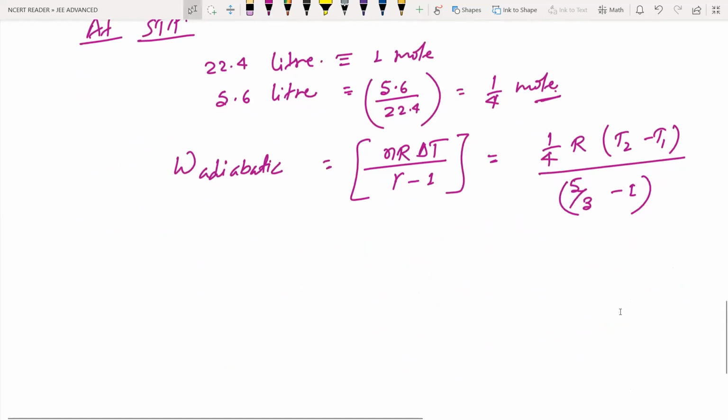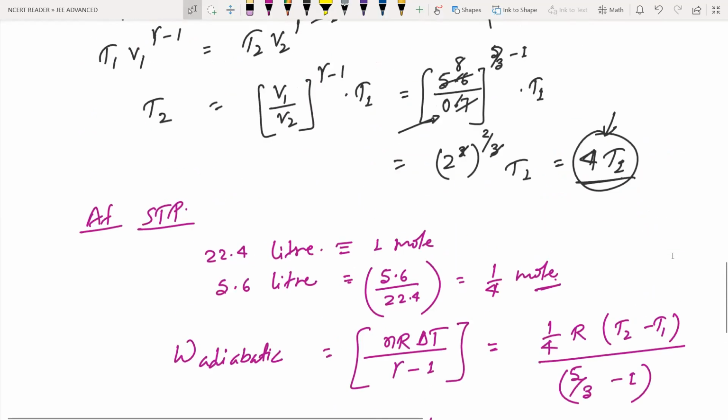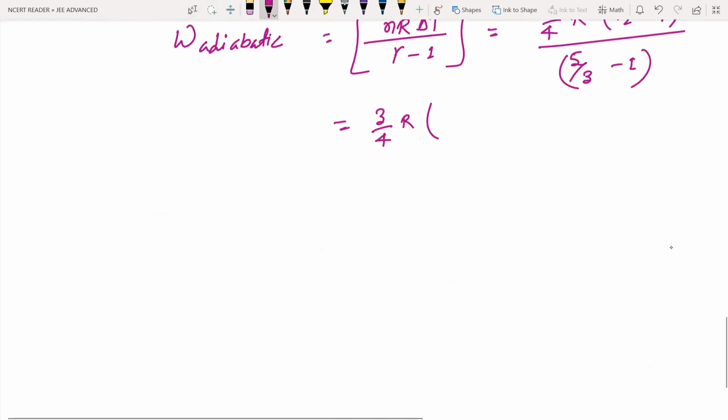So as soon as you put the value of T2, the 4 comes down, and 5 minus 3 is 2 and the 3 goes up, so it is 3/4 times R. The temperature difference will be 4T1 minus T1, which is 3T1.